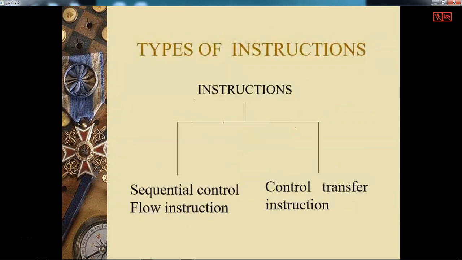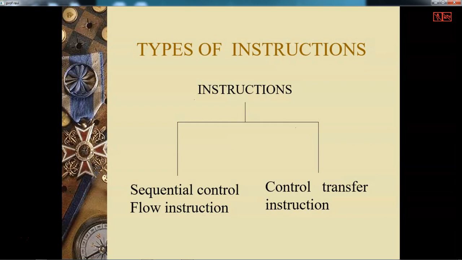Now, based on the type of instructions, if you try to see the whole instruction set, it can be divided into sequential control flow instructions and control transfer instructions. I'll take this up in detail.